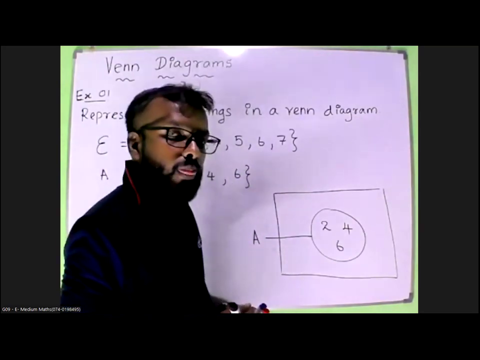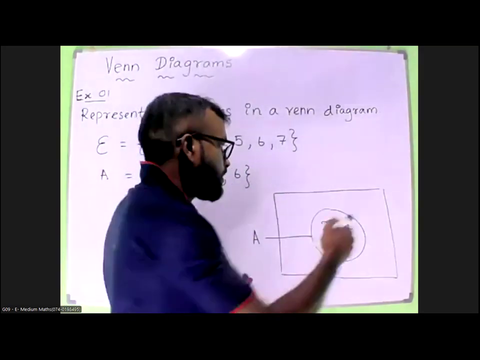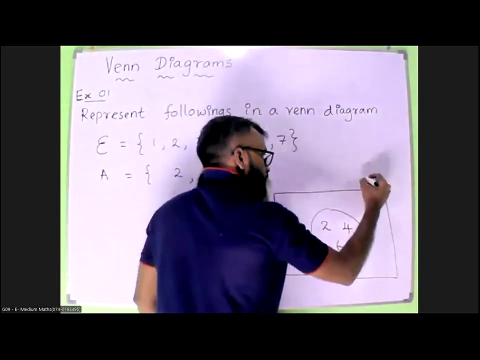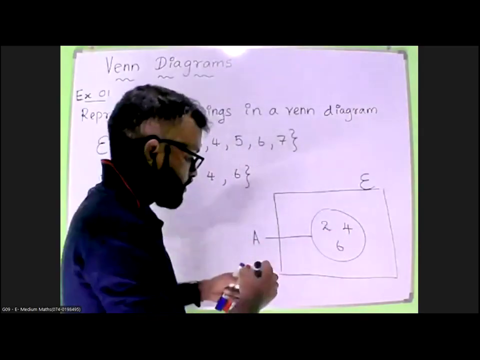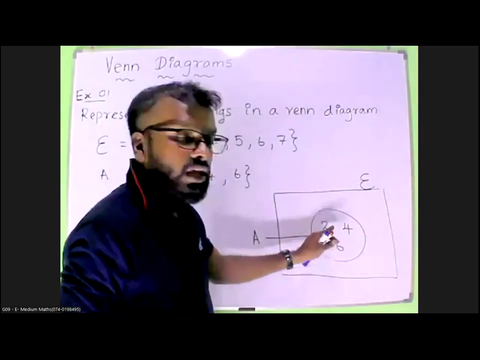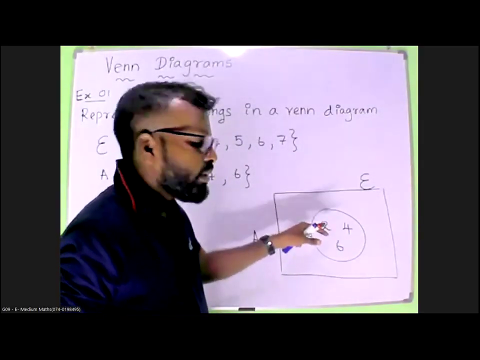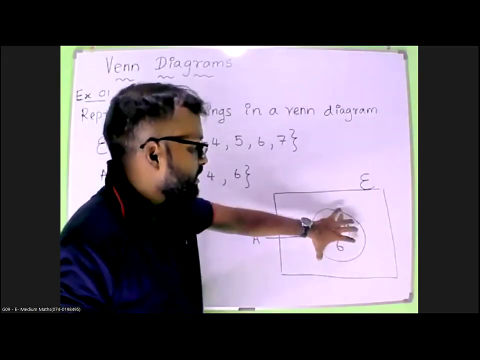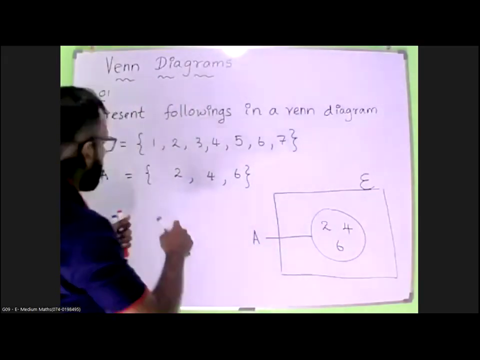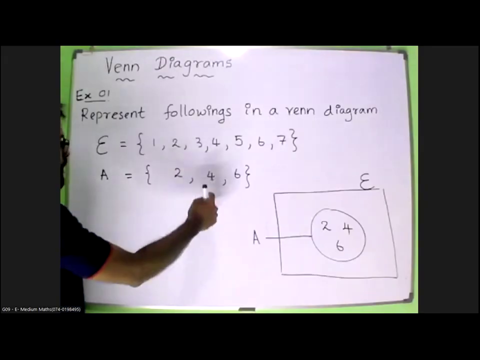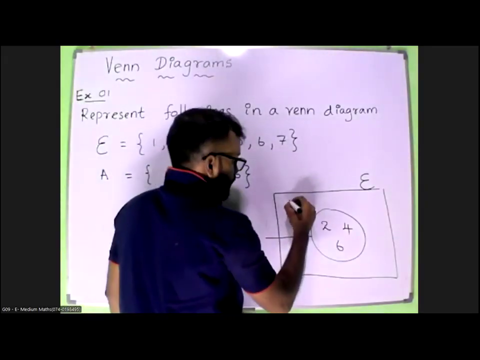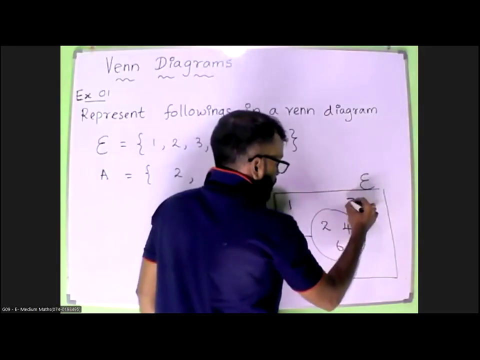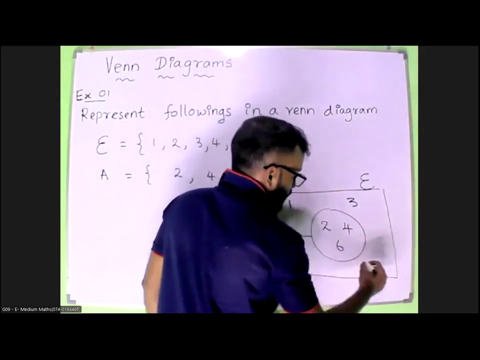So now what is the universal set? This is the universal set: 1, 2, 3, 4, 5, 6, 7. Where should the other elements come? Outside the circle: 1, 3, 5, and 7.